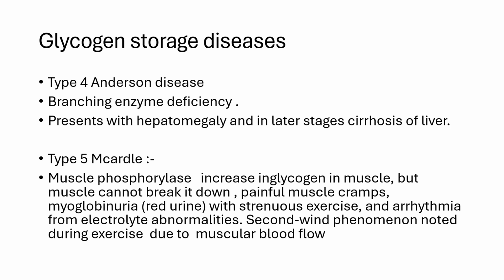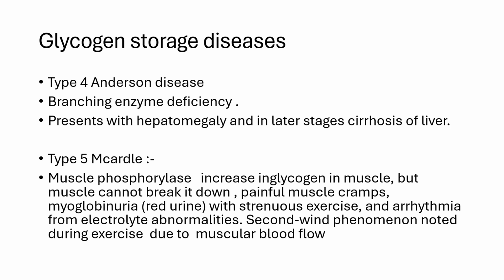Now type 5, McArdle's disease. In this case we have muscle phosphorylase deficiency and increase in glycogen in muscle, but muscle cannot break it down because of a deficiency of muscle phosphorylase.